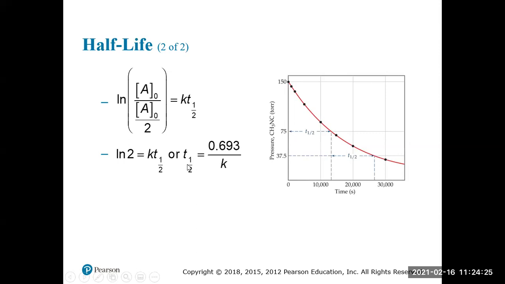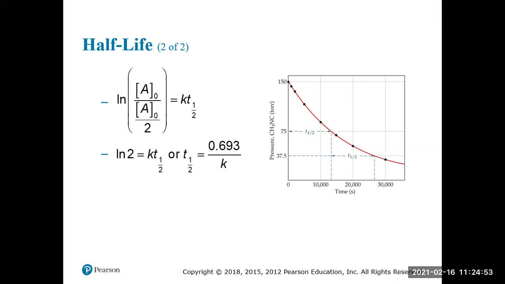If we want to solve for the half-life time, we can simply rearrange this. The natural log of 2 is equal to 0.693, so we have 0.693 divided by the rate constant. What's interesting is that for a first-order reaction, the half-life time is not dependent upon the concentration.